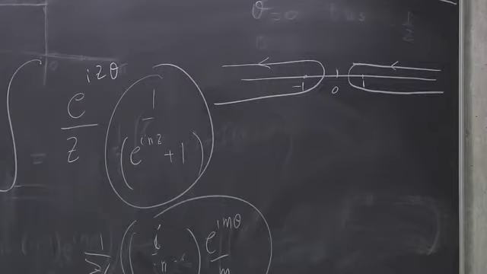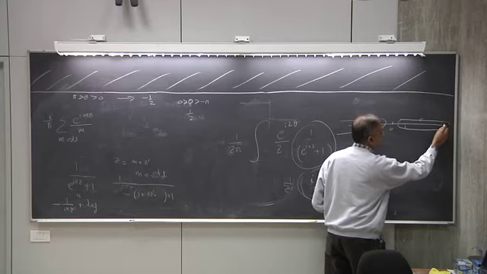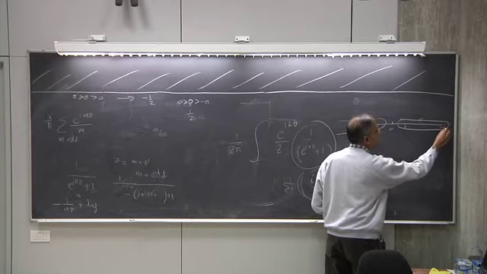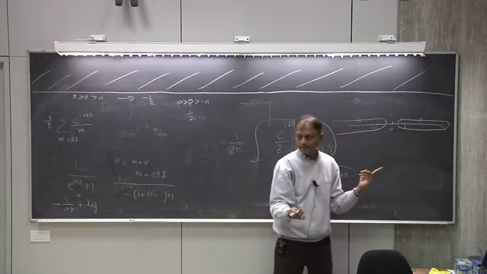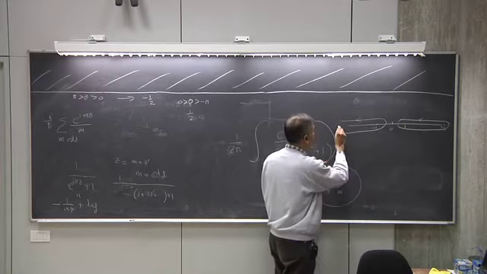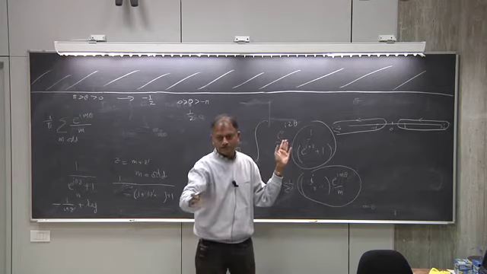Again, you can take the sum up to some capital N. So you take a contour which encircles the points from 1 up to N, and similarly from minus 1 to minus N. And then take the limit N goes to infinity.